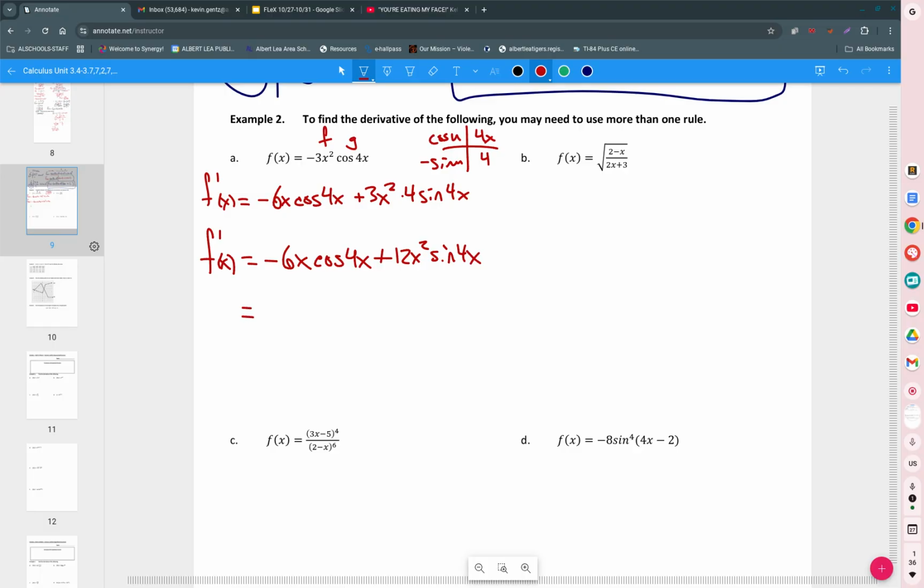And now, what is the common factor I should take out? Negative 6x, yep. And when I do, I'm left with a positive cosine of 4x, and it looks like what is left? Minus 2x sine of 4x. Yes, so you combined the 3x squared and the 4. Yep, 3x squared times 4 is my 12x squared.